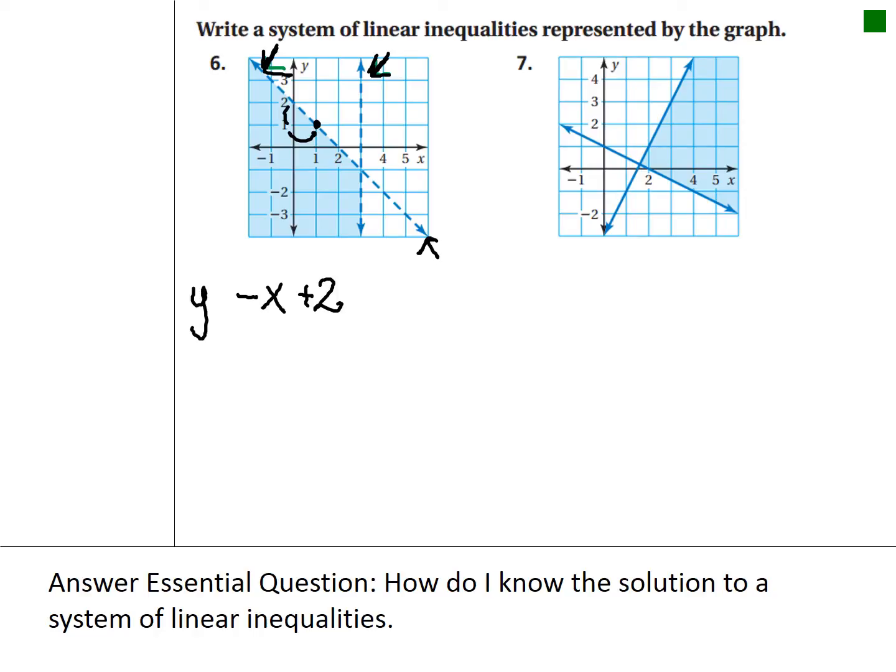So y has to be less than negative x plus 2. All right, let's talk about our second one. X is always going to be 3, and we shaded to the negative side of it, so x has to be less than 3.